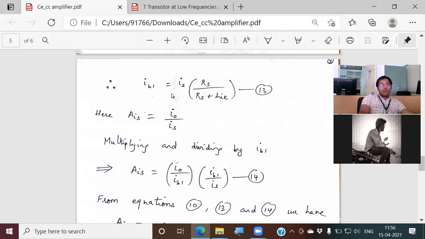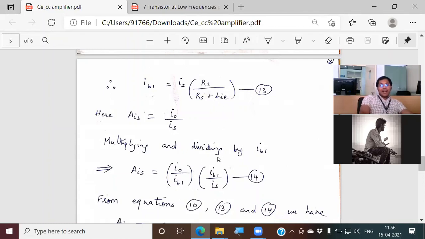From this we can get IB1 by IS. So, what is IB1 by IS? Cross multiply IS here. RS by RS plus HI. Yes, very good, RS by RS plus HI.